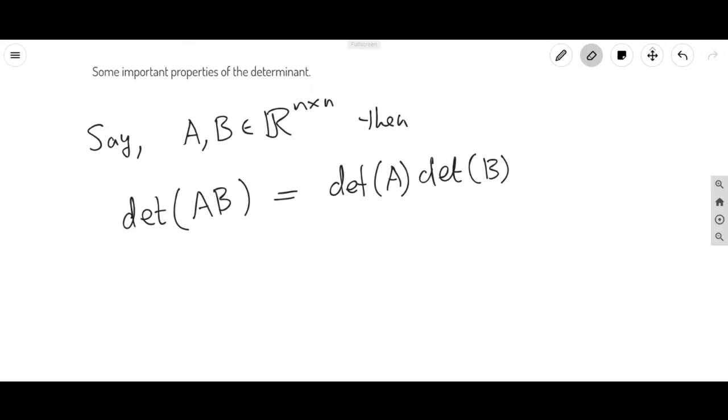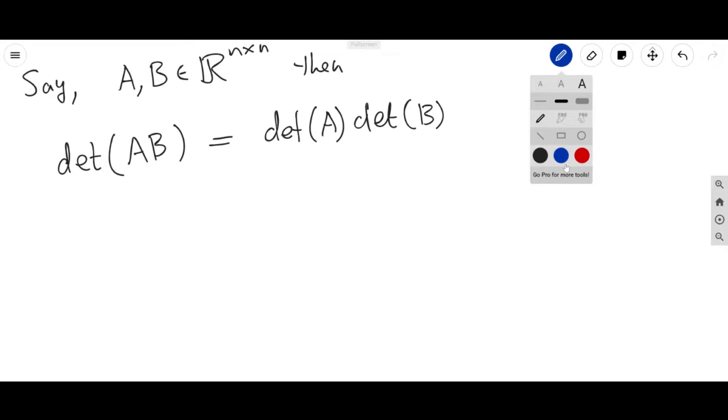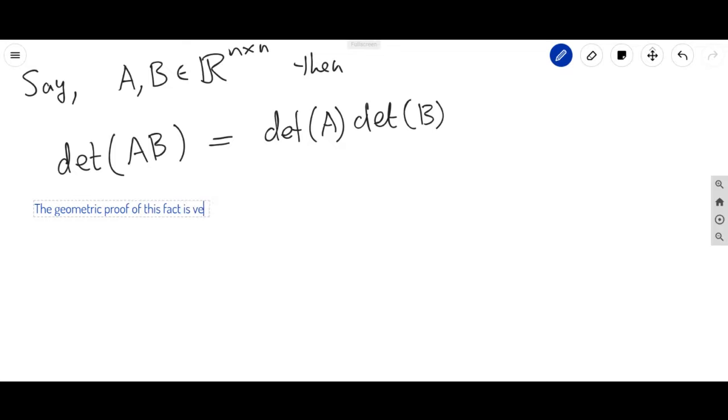And I'm going to give you a geometric proof of this fact. The geometric proof of this fact is very elegant and simple. Trying to prove this algebraically is not so easy because the determinant of a matrix is this complicated, convoluted expression of various products, and the matrix product of two matrices is a very complicated operation as well.